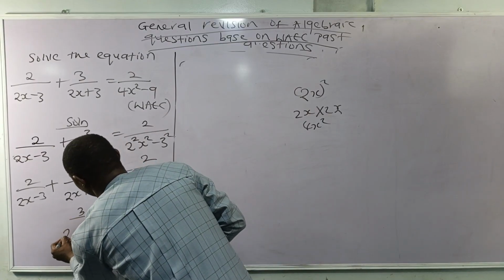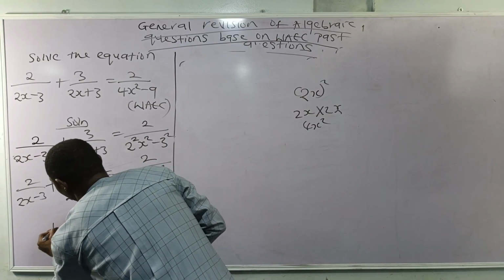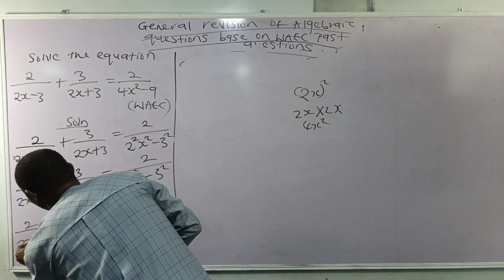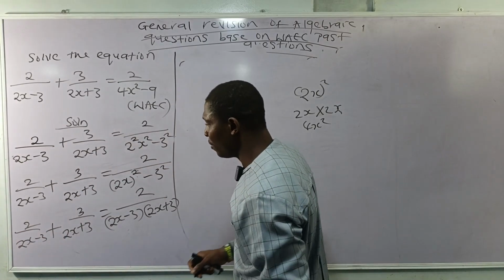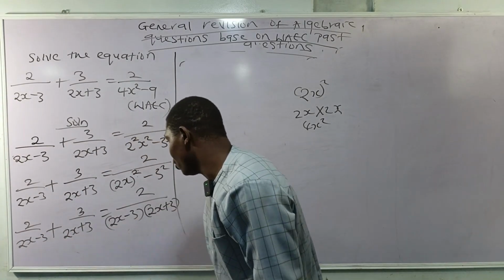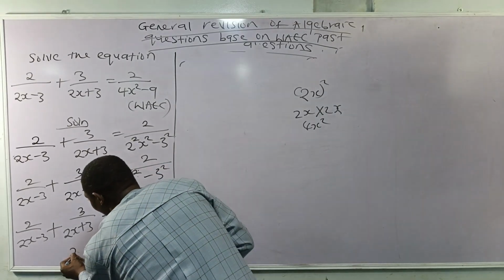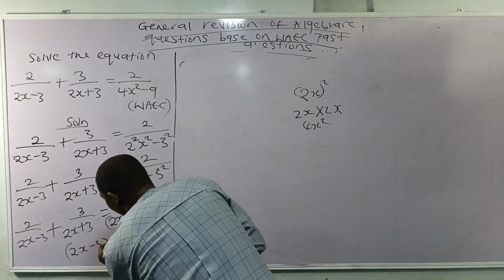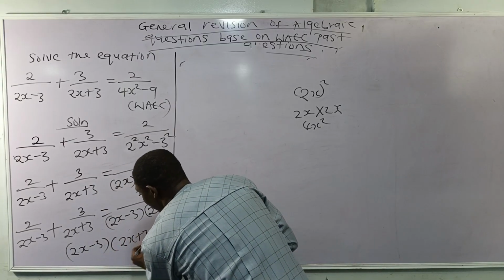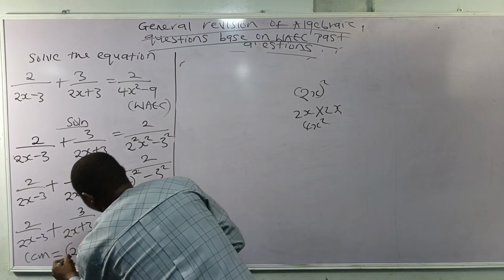This remains the same. 2x plus 3 plus 4 all over (2x minus 3). So our LCM is 2x minus 3 and 2x plus 3. You don't need to repeat any. We give you 2x minus 3 and 2x plus 3. LCM.